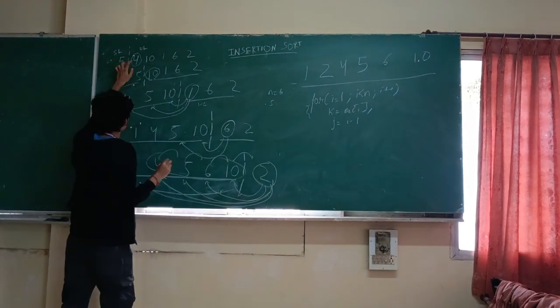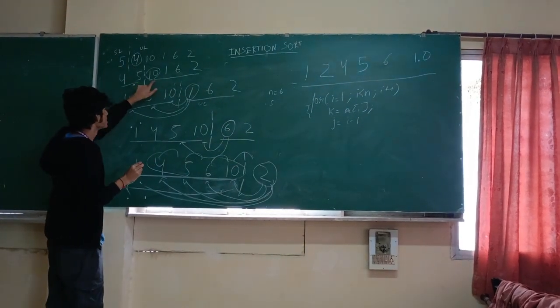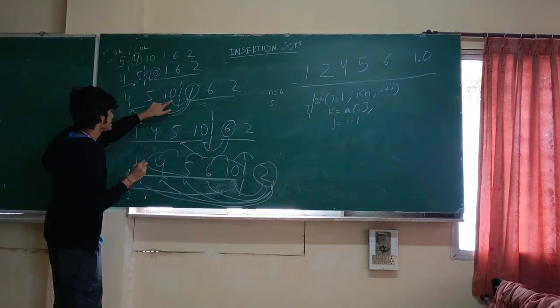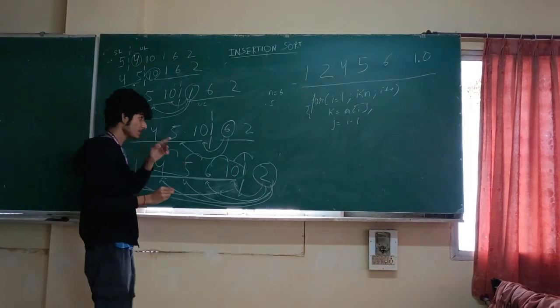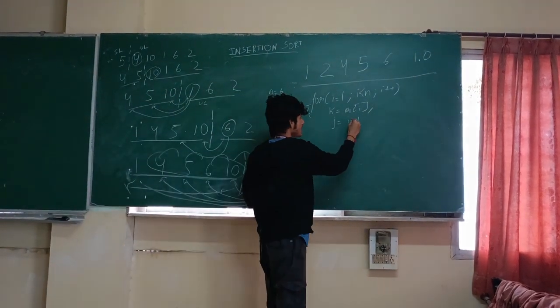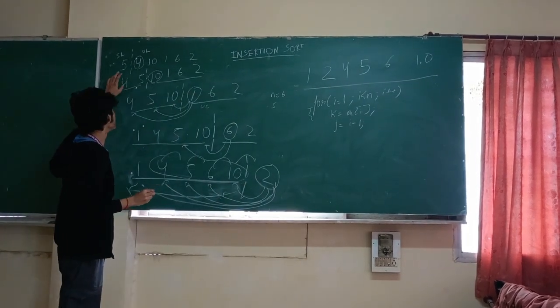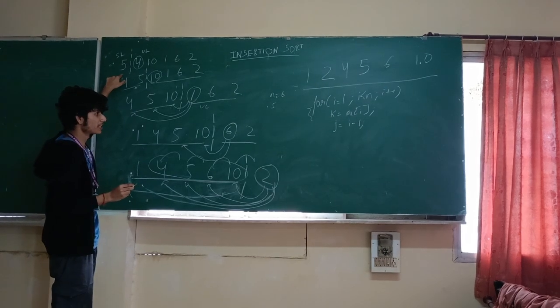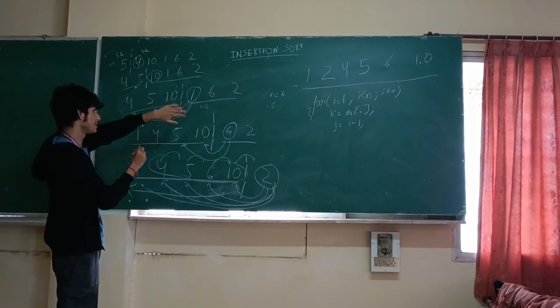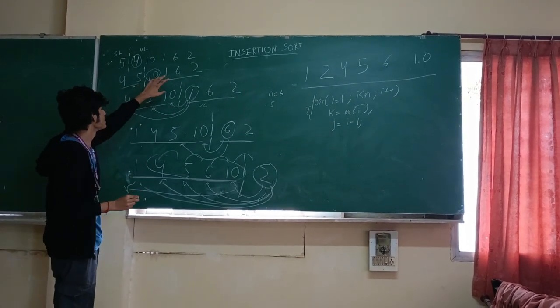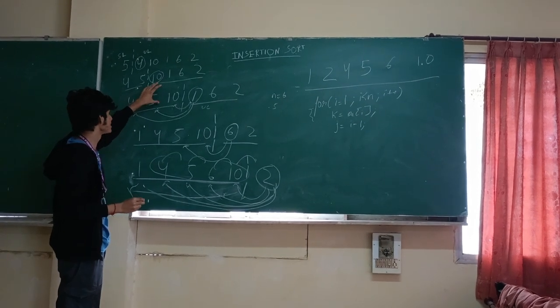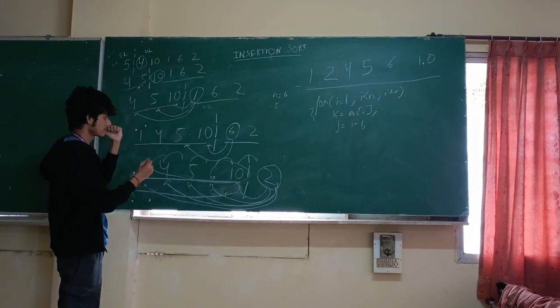If i is this, it will go there. We are comparing until j becomes 0, that is, it reaches the end, or the key element becomes greater than the element before it.